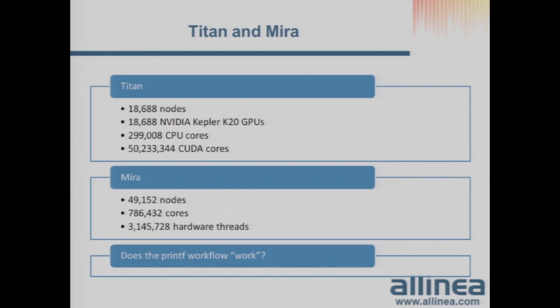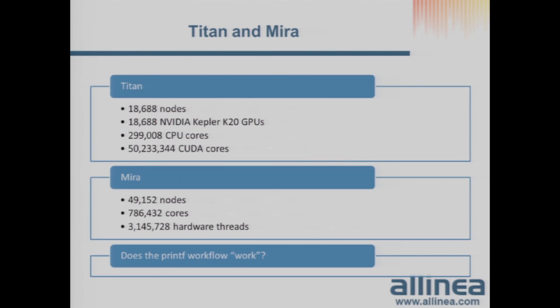And were you to actually be using the CUDA cores, then you could easily have over 50 million threads of concurrency by active CUDA cores at any one time across that whole machine. That's a lot of parallelism to be handling and trying to understand.